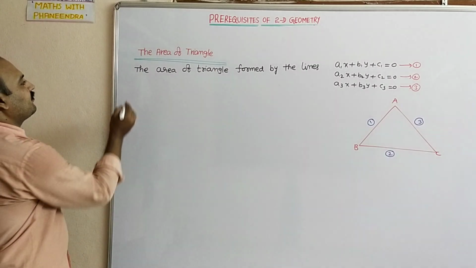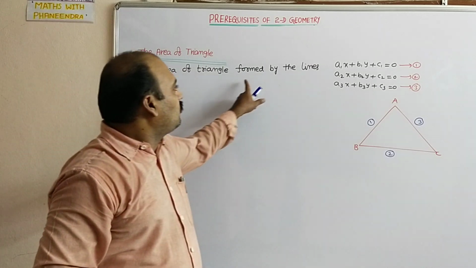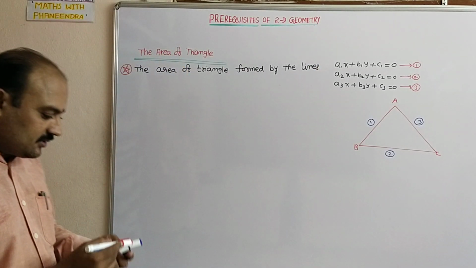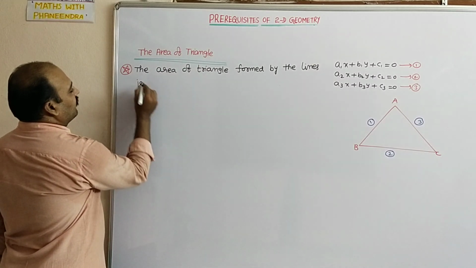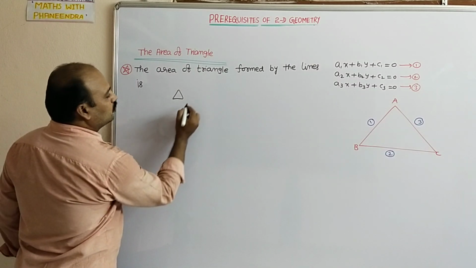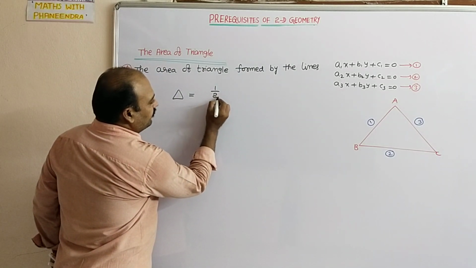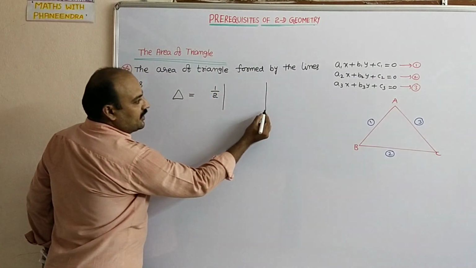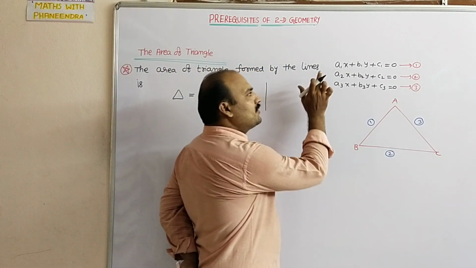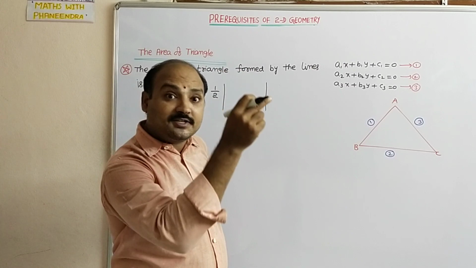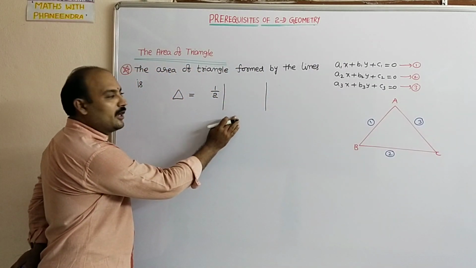The area of the triangle formed by the straight lines is delta equal to half into the 3 by 3 matrix determinant. Here what we have to write is the coefficients of x and y and the constant terms in the three equations as a 3 by 3 matrix determinant.